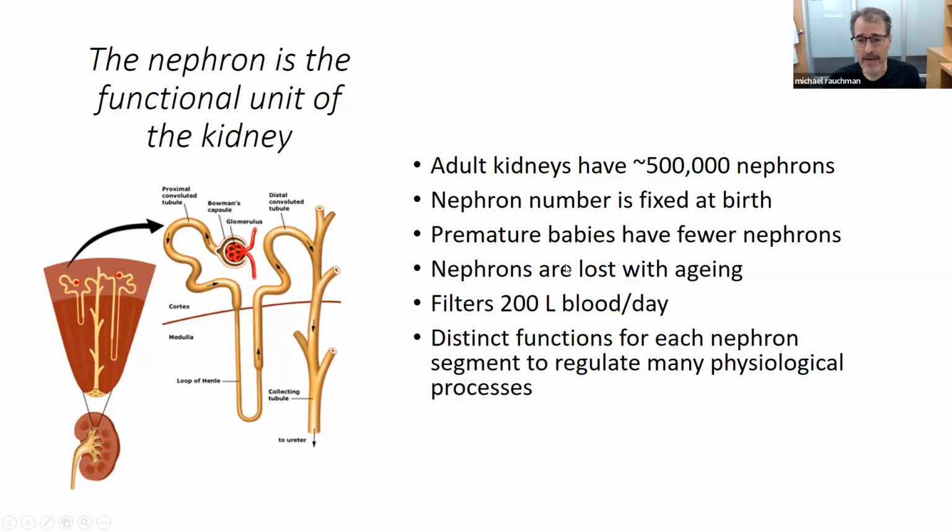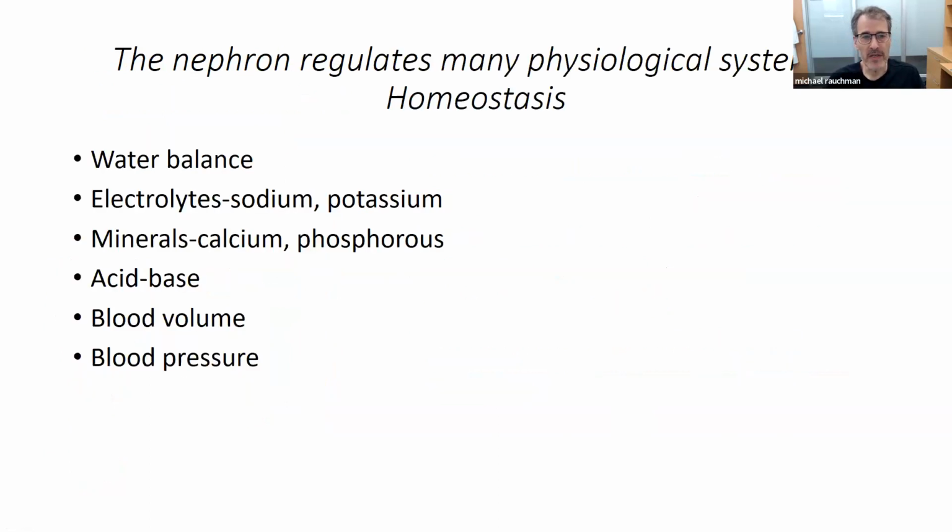And so the kidney filters a lot of blood, 200 liters every day. And again, each of these segments take components of the blood and regulate a variety of physiological functions. So what are these functions? Just water balance.